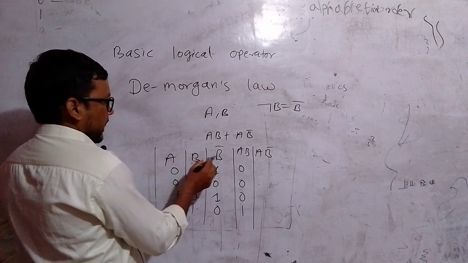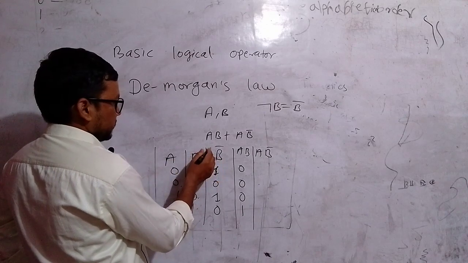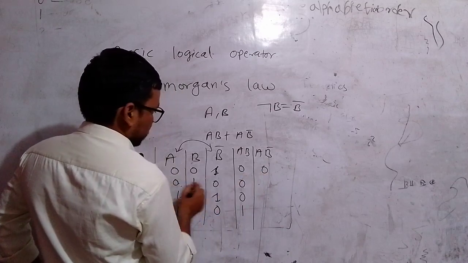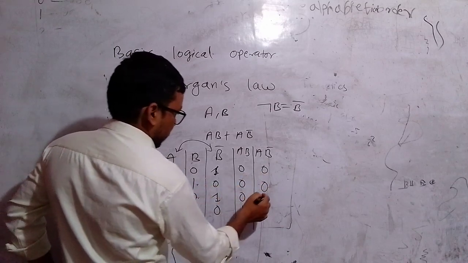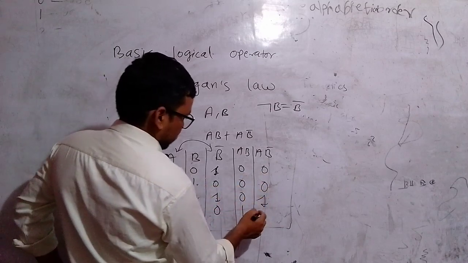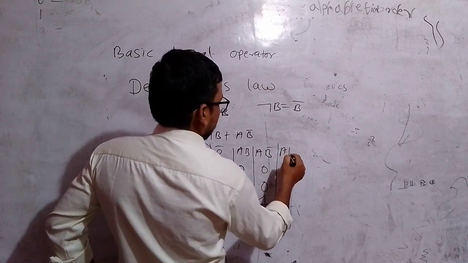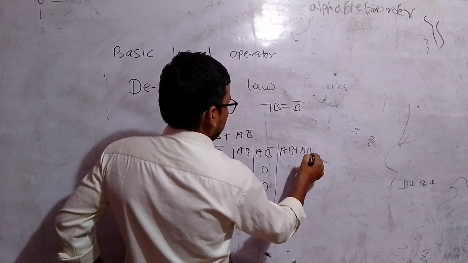Now, the AND operation between these two columns: 0 1 gives 0, 0 0 gives 0, 1 1 gives 1, 1 0 gives 0. Now, AB plus AB dash.